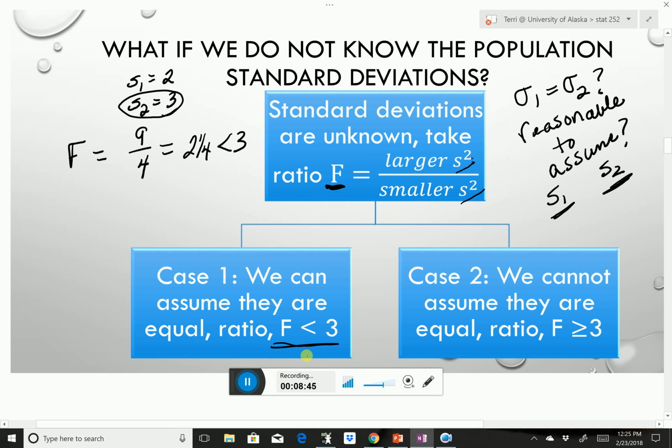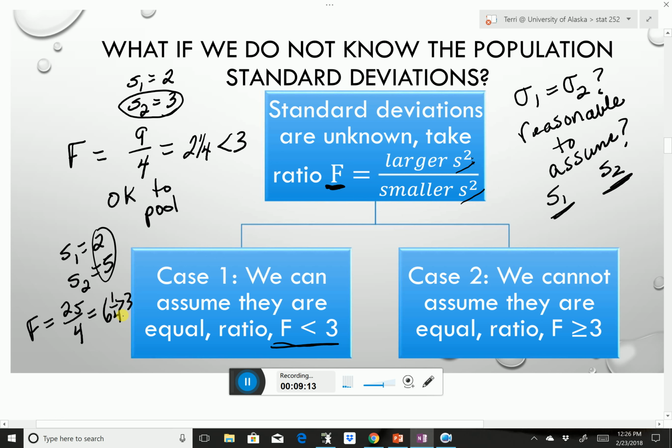So then we would say, okay. But if S1 equals 2 and S2 were to equal, say, 5, then our F would be 25 over 4. Remember, I have to square these. And then what is that? Let's see, 6 and a quarter, which is greater than 3. Do not pool.